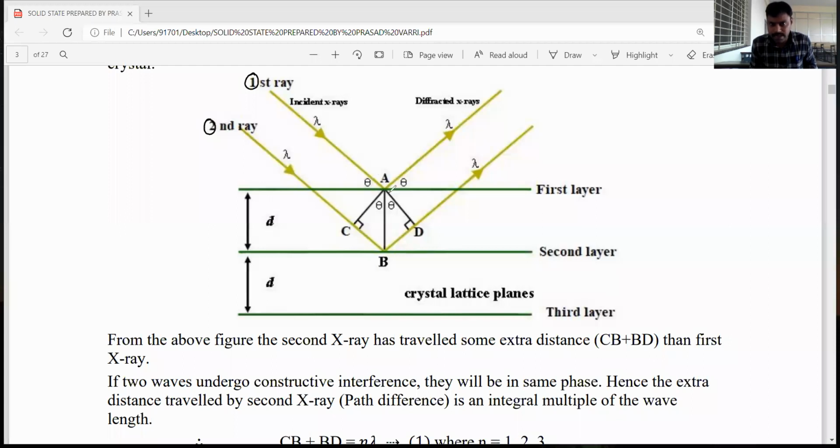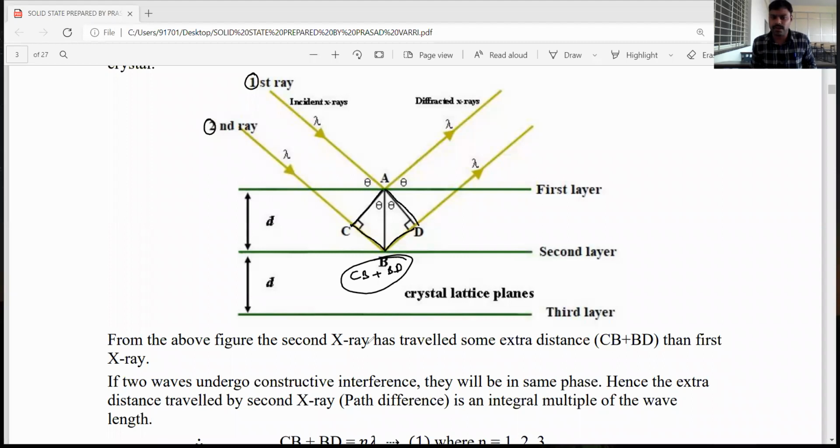These are parallel lines. If you observe, the distance CB plus BD is the extra distance traveled by the second ray. The remaining distance is the same.